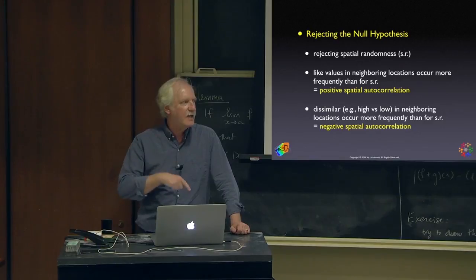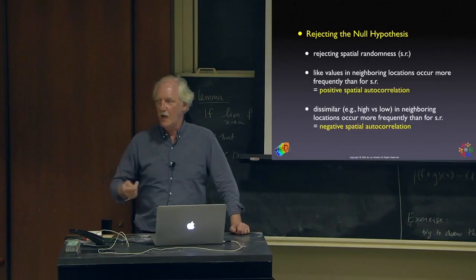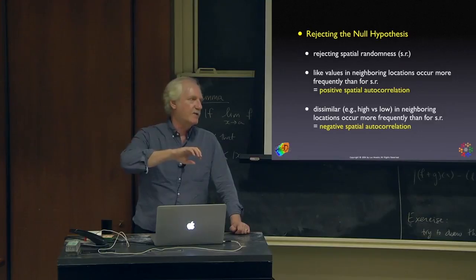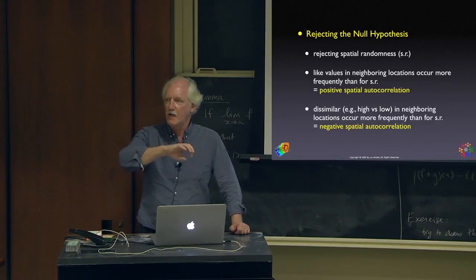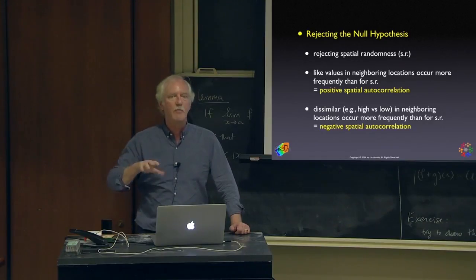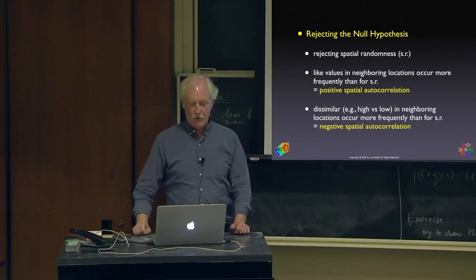It's not negative clustering, but it's really more variability than you would have in a random system. Okay. Clustering is less variability than you would have in a random system because things are more alike in groups, right? Negative autocorrelation is they're more different than they would be under spatial randomness.